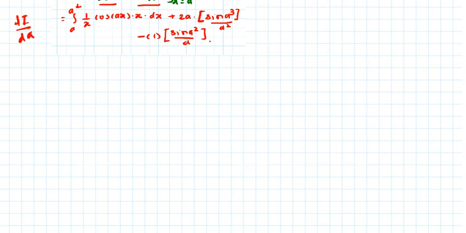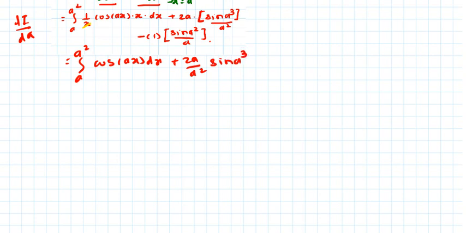So simplify this. Integration from a to a square, this x will get cancelled with this x, what remains? cos of ax dx plus 2a upon a square sine of a cube minus 1 by a sine of a square.